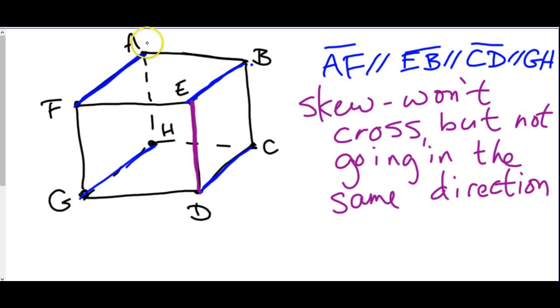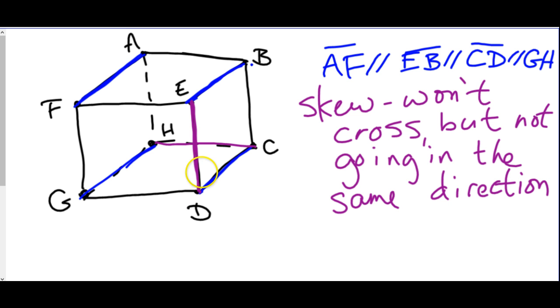So that means all the lines going straight up and down, those are out of the running. But a line like HC will never cross ED. They're never going to touch. But they are not parallel because they're not going in the same direction.